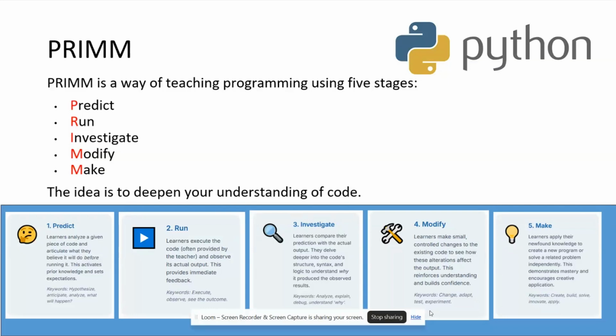The idea behind PRIMM is we'll begin with doing some predict exercises. And on those predict exercises, you're not copying them down. All you're doing is simply looking at the code as it appears, thinking about the code, and coming up with a guess, a hypothesis, a suggestion about what will happen. We'll then do a couple where we'll run them and we'll do some answers and we'll investigate slightly.